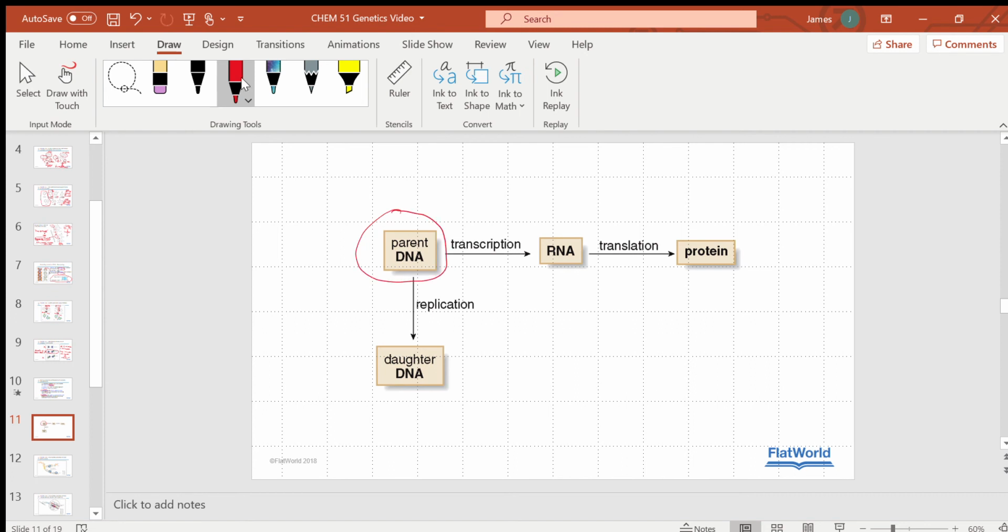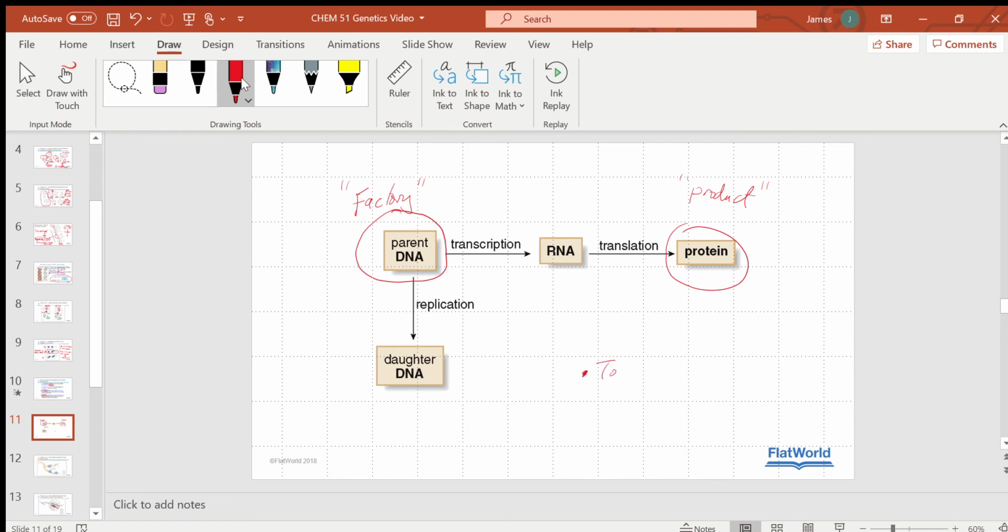So we've got this fork in the road here. So let's say this is the factory, to use an analogy. This is our factory, and our factory makes product. So this is the product of our factory. Well, we need a lot of factories. We want to make a lot of product.